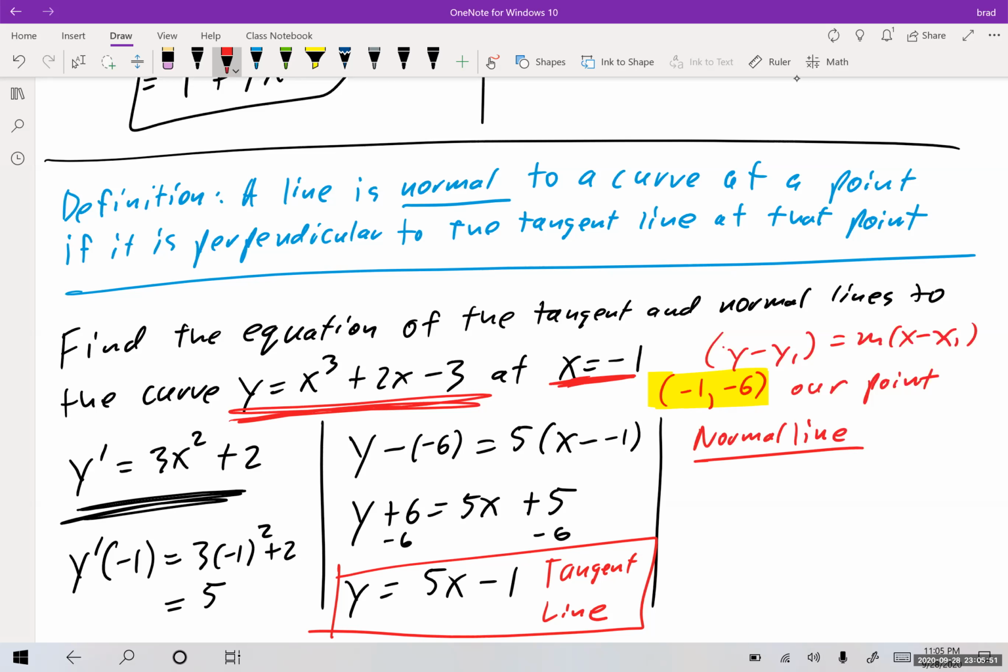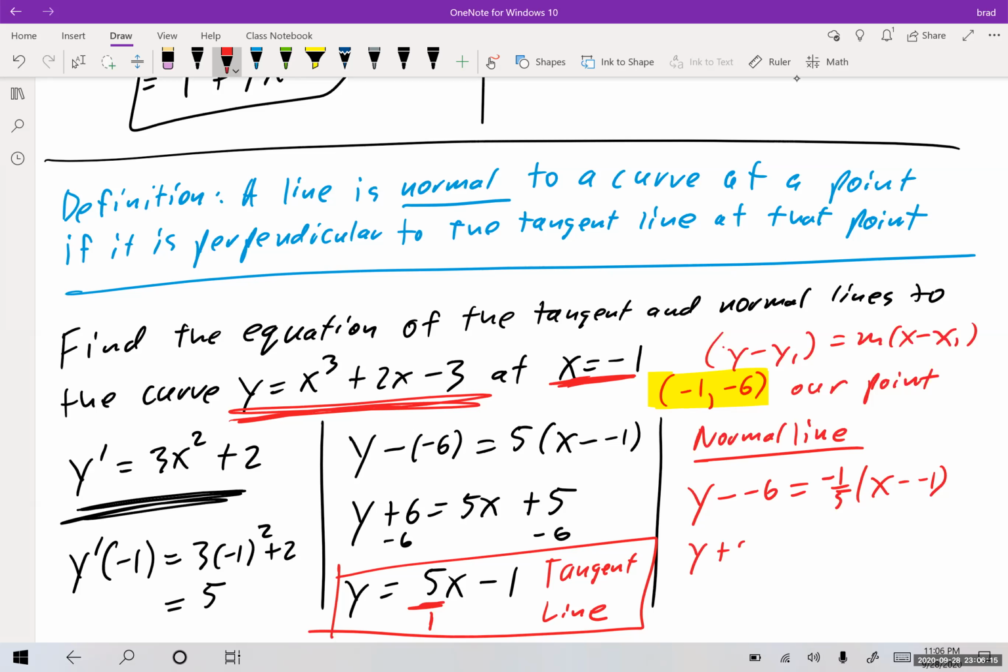So we're going to do y minus (-6) equals, now instead of 5, it's going to be -1/5, because the slope needs to be perpendicular, so it has to be the reciprocal opposite of 5. So 5 is really 5 over 1, so this is -1/5 times x minus (-1).